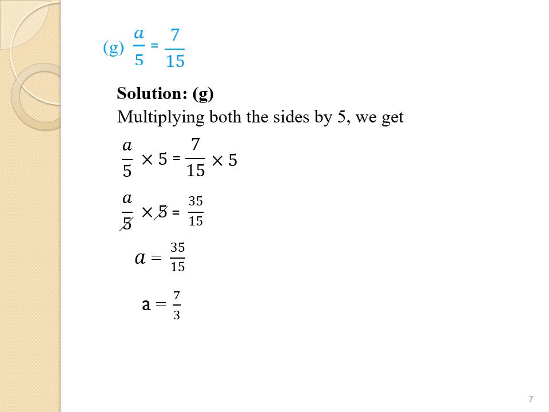Converting 7 upon 3 into mixed fraction, we get 2 integer 1 upon 3. So, A equals to 2 integer 1 upon 3 is the solution of A upon 5 equals to 7 upon 15.